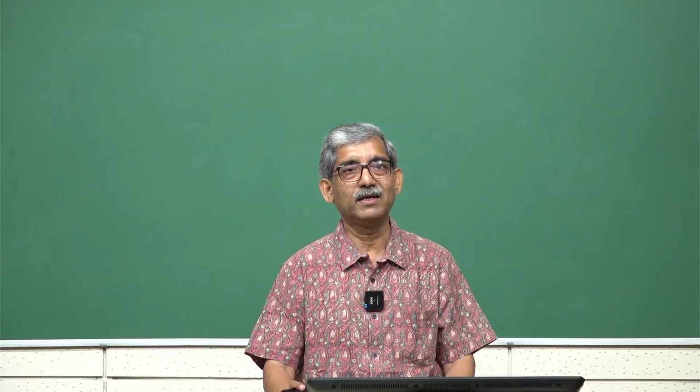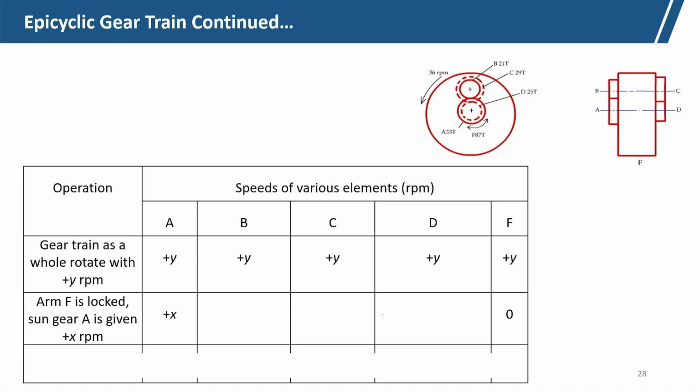If we can identify these, then things will be very simple. So x we are giving to the sun gear, and how B will rotate we know from the number of teeth: A has 33 and B has 21. So we can calculate the speed of B. B will rotate in the opposite direction, minus x multiplied by 33 by 21.